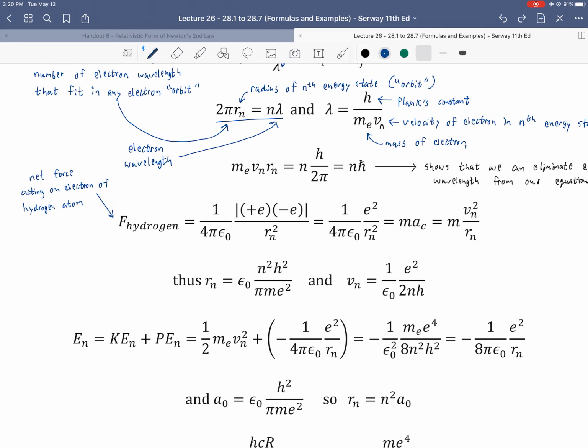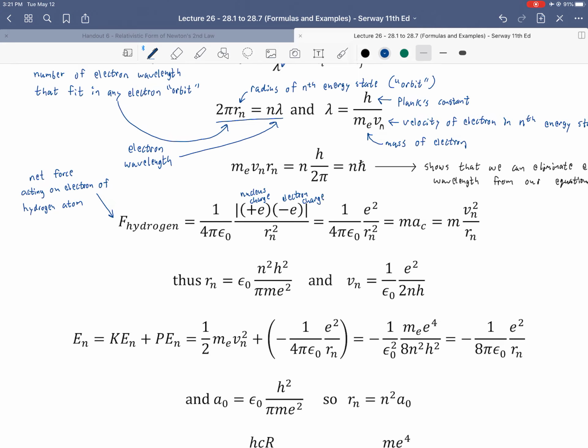All right, so what is the net force? What does it tell us? Well, there's only a single force acting on the quote-unquote orbiting electron, and that is the attractive Coulomb force. So this would be the charge of the nucleus, which is positive, and then this is the electron charge.